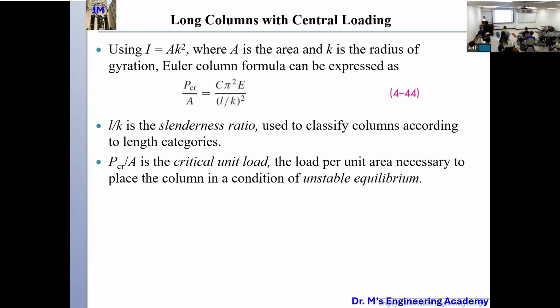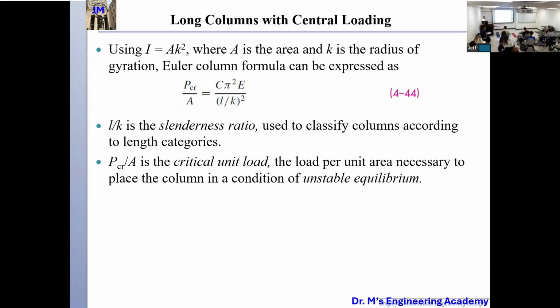How slender this guy is. It takes care of the length and also A, this is k, I'm sorry. k is associated with area.